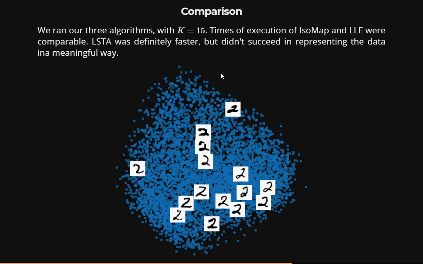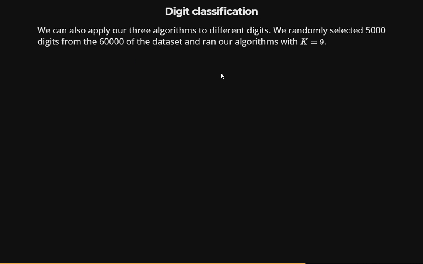I didn't do too many experiments. Maybe one should tune the parameters better. I ran the algorithms with k equal 9. The dataset is 60,000 images. I selected 5,000 digits randomly and ran the algorithm with k equal 9.